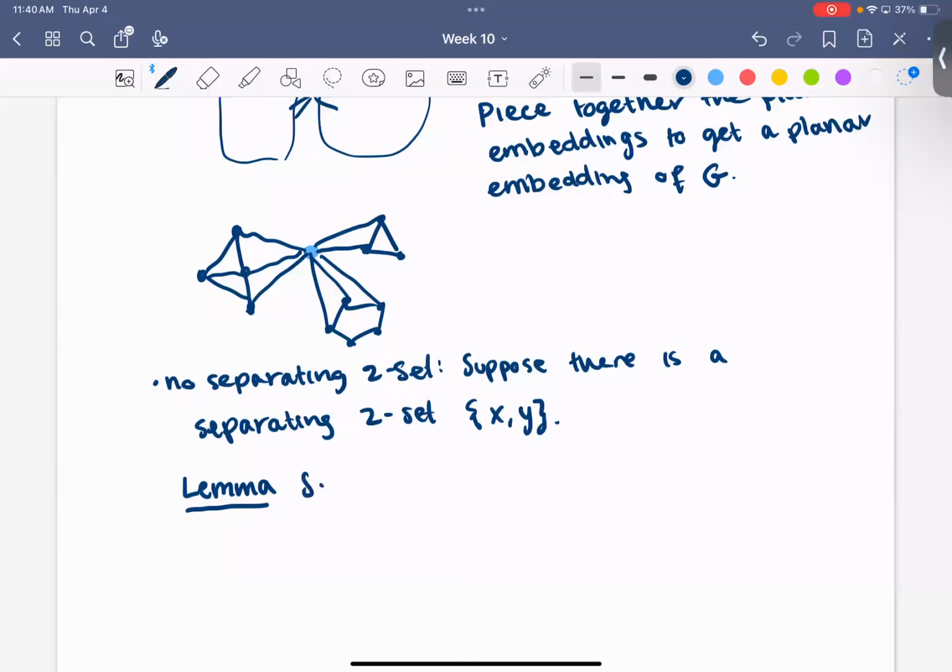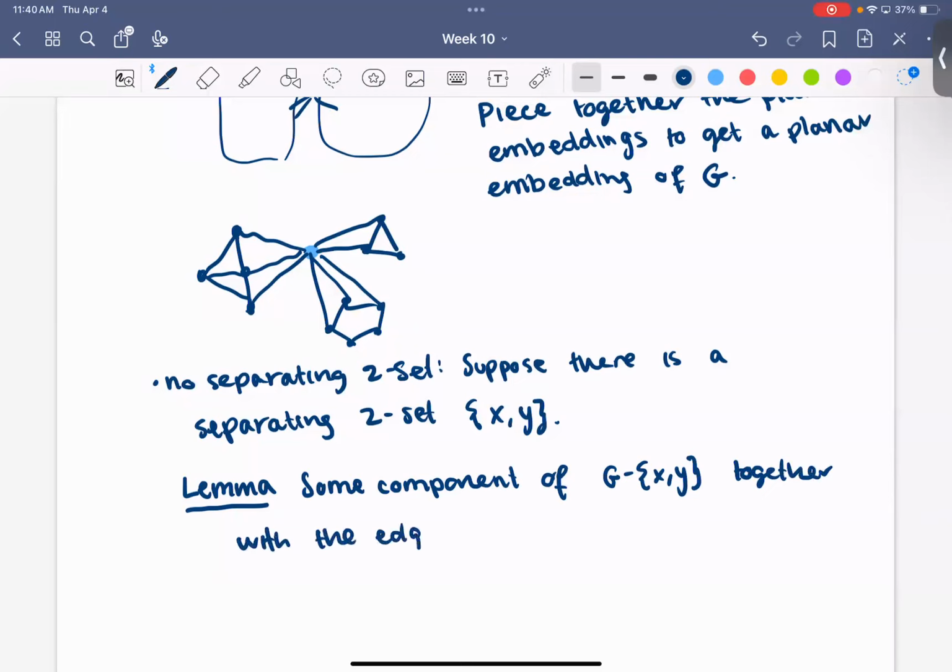some component of G minus XY, together with the edge XY and edges from XY to the component.